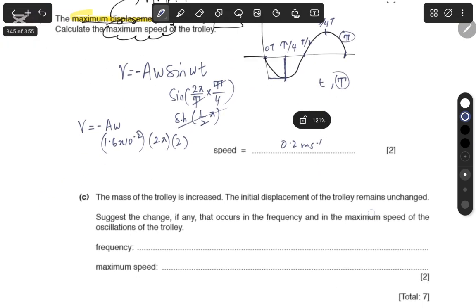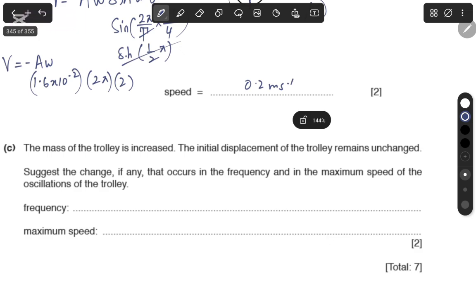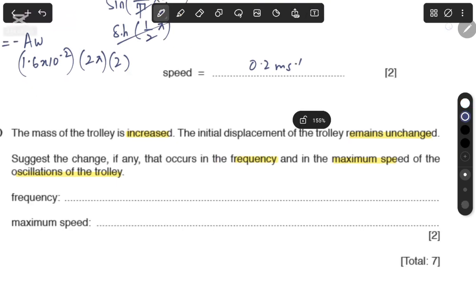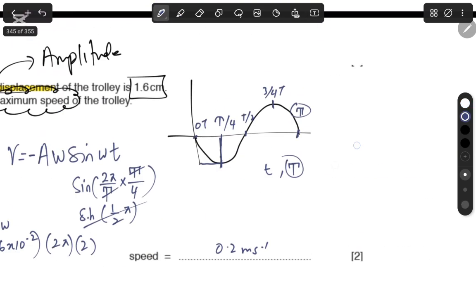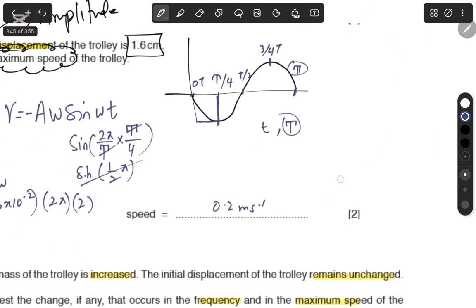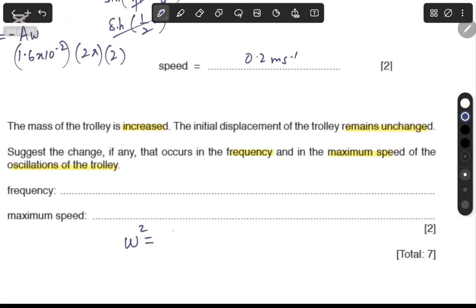Okay, the next part. The mass of the trolley has increased, and the initial displacement remains unchanged. Suggest a change, if any, that happens to the frequency and the maximum speed of the oscillations of the trolley. We had the formula above: ω² = 2k/m.